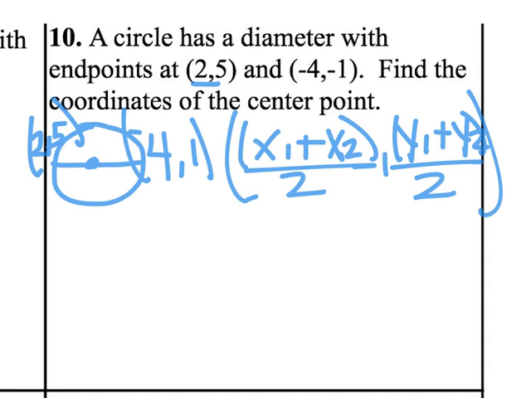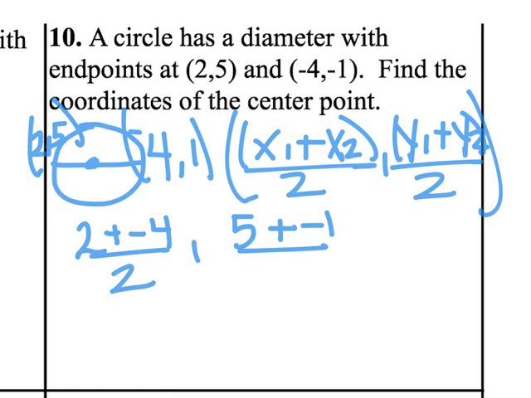I have an x of 2 and -4, so 2 plus -4 divided by 2. And I'm also going to look at my y's: 5 plus -1 divided by 2.